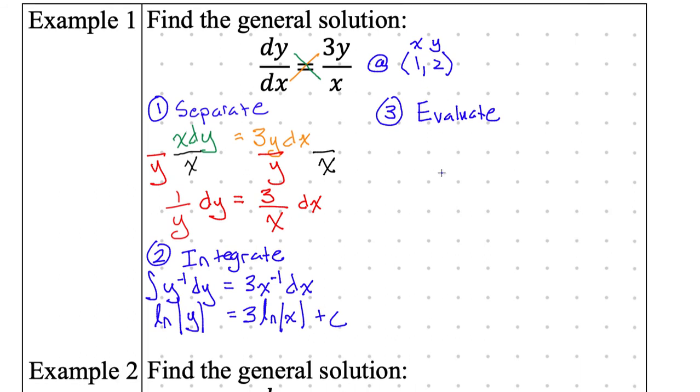And let's say that would be natural log of 2, I can drop the absolute value because 2 is already positive, is equal to 3 natural log of 1 plus c. And then just by plugging it in, you get a point. And that's all I'm going to do up till now.